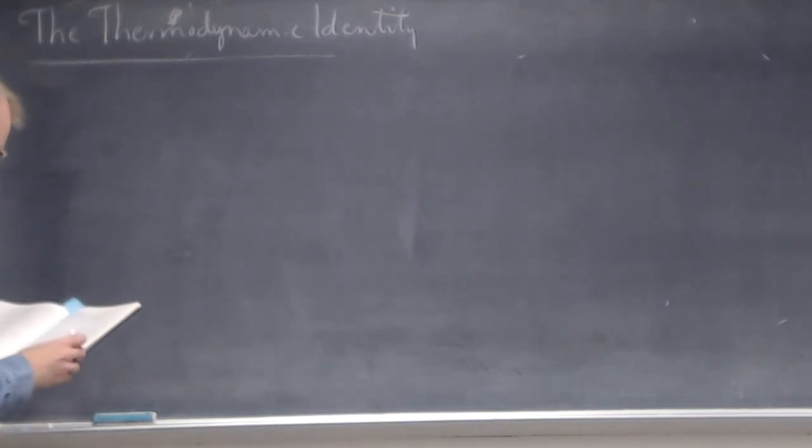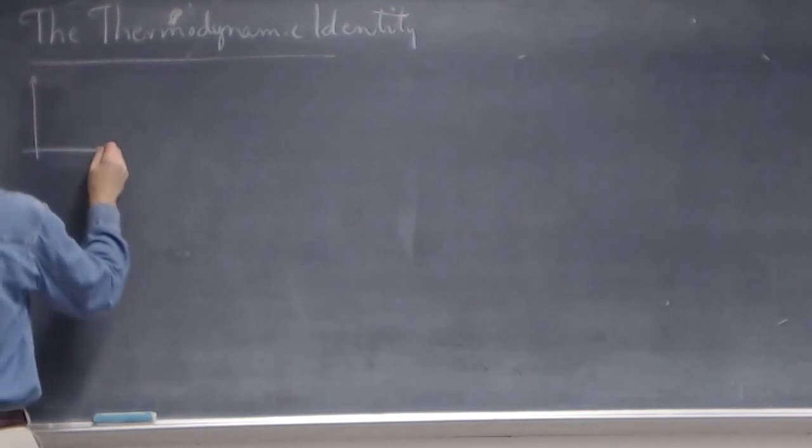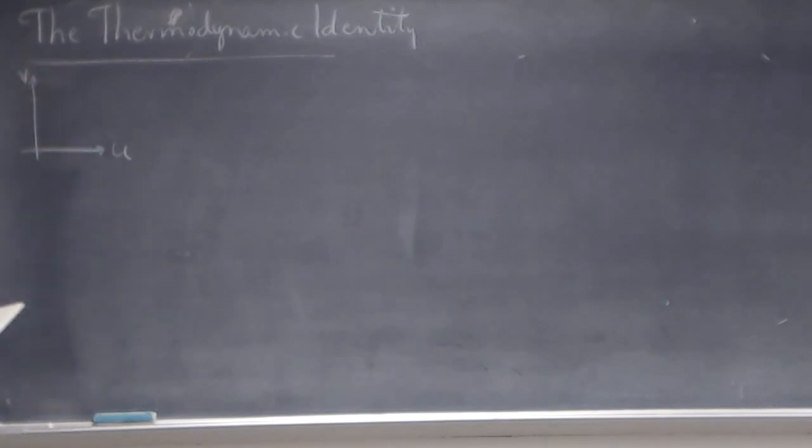So, we're going to divide it into two steps. Let's say we plot the system's energy versus its volume, and we start off with some energy, some initial volume. Let's make it a two-step process.